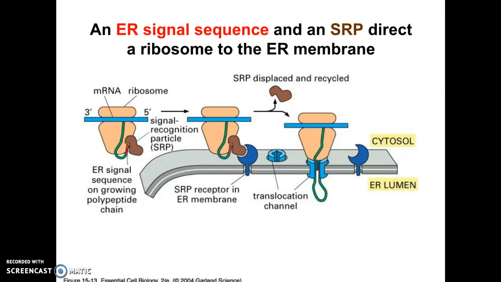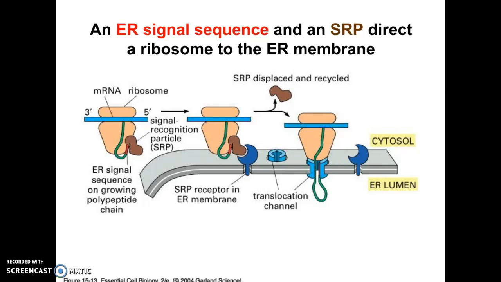The signal recognition particle binds to the signal recognition particle receptor and migrates to a translocation channel, the Sec61, Sec standing for secretion from where it was discovered in yeast.